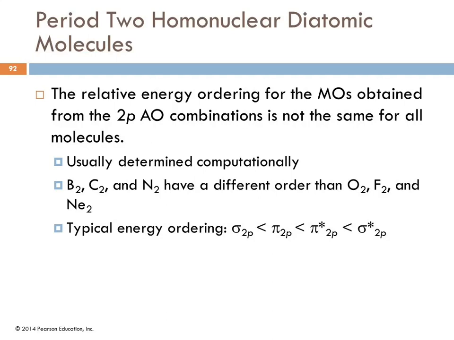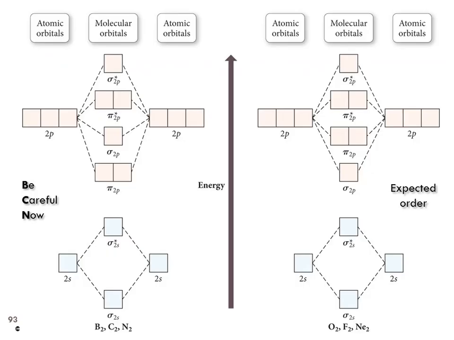Big old powerful computer, putting in functions and doing all that hard math. So the typical energy ordering is this, that the sigma 2p and the pi 2p are lower in energy, and then the sigma star, the anti-bonding, is next, and the sigma star is the highest energy. So let's look at that.